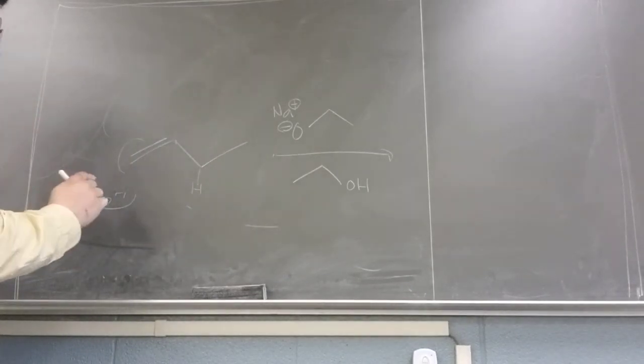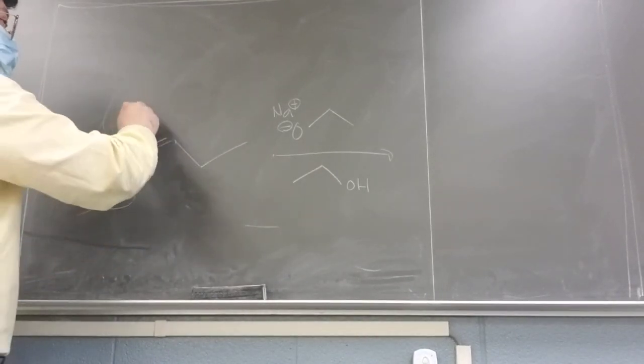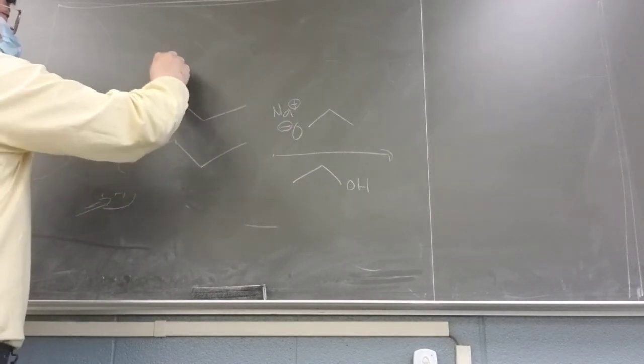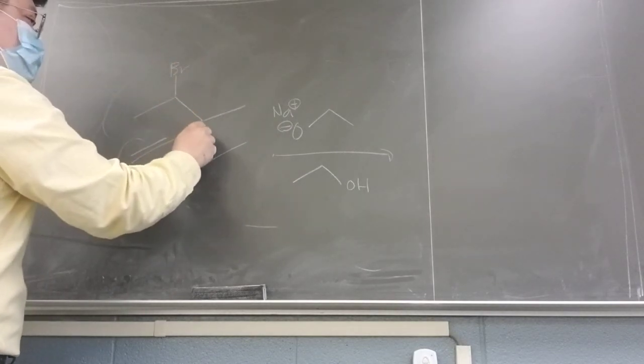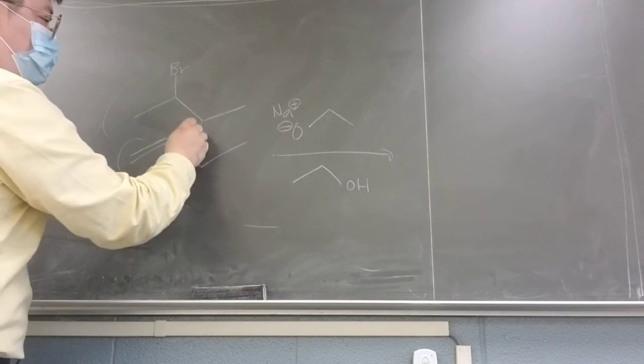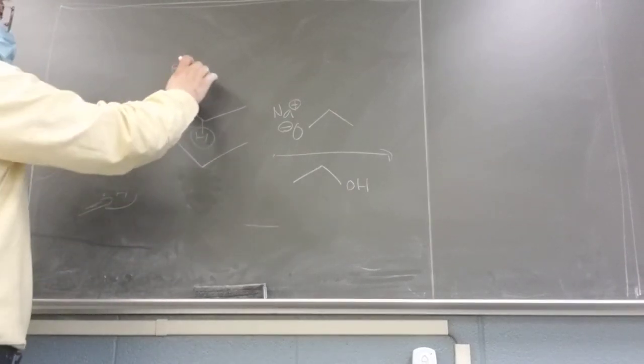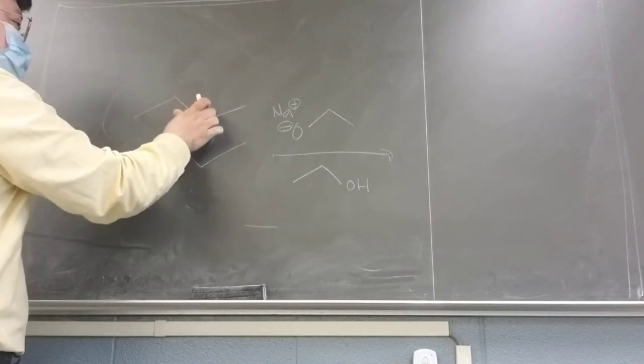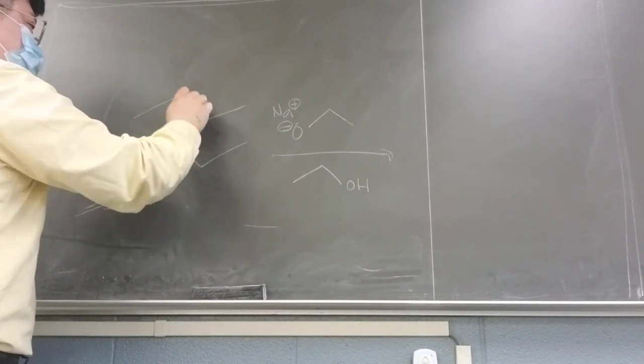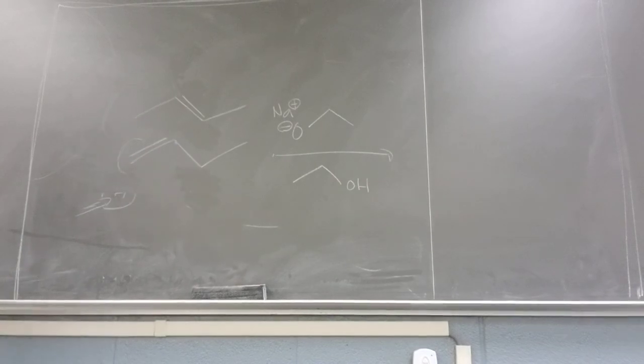So this is one product you can have. Another is when it comes onto this one. They pick up the hydrogen at an inner position and the group leaves. So they become another product, which is here. So you have two possible products from the elimination.